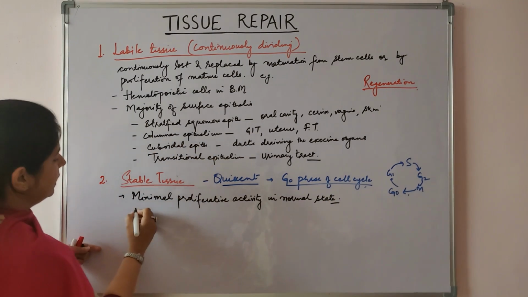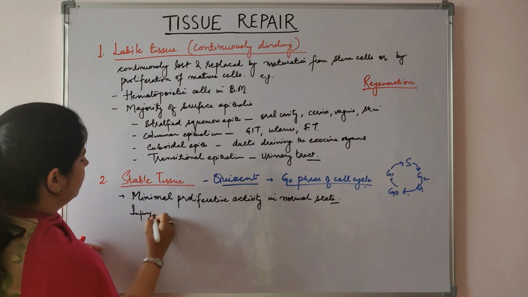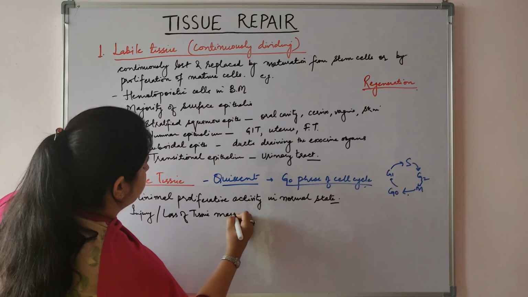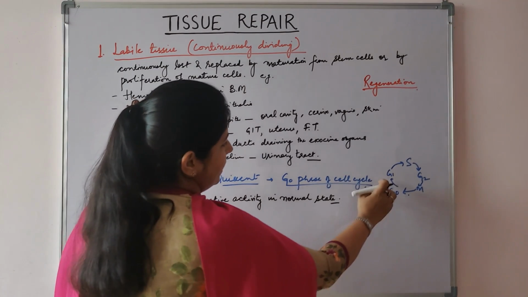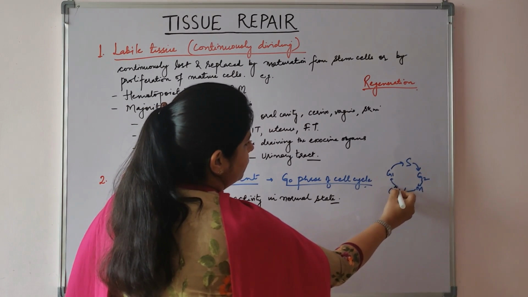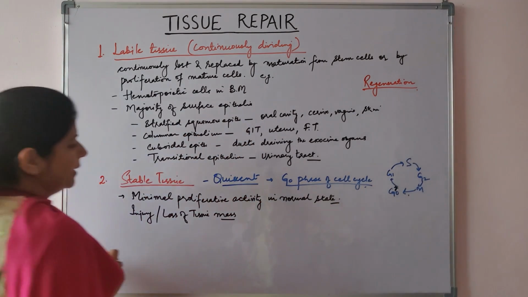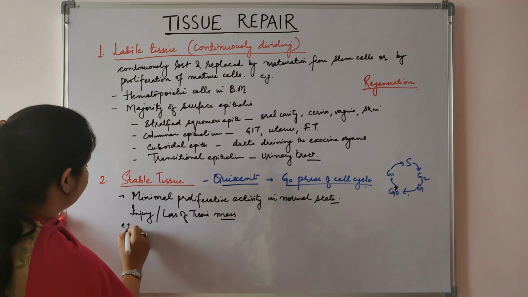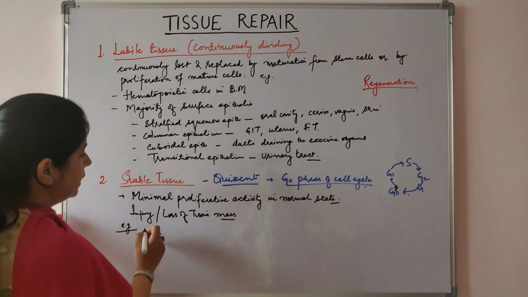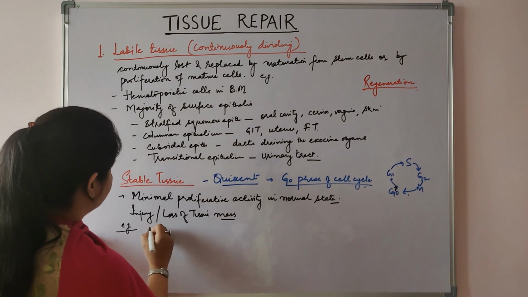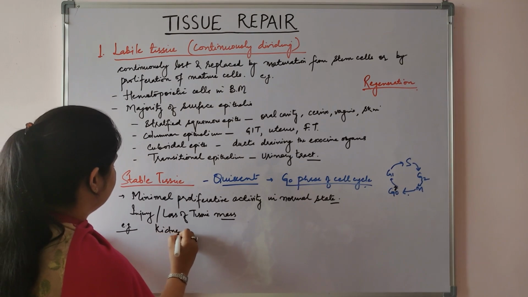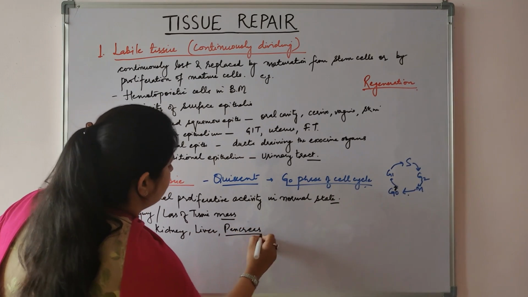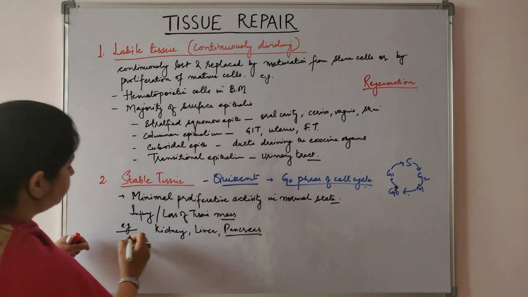But if there is injury or loss of tissue mass, they can enter the cell cycle from G0 to G1, and they divide or proliferate. What are examples of these tissues? The majority of the parenchymal cells in solid organs like kidney, liver, pancreas are all stable tissues.